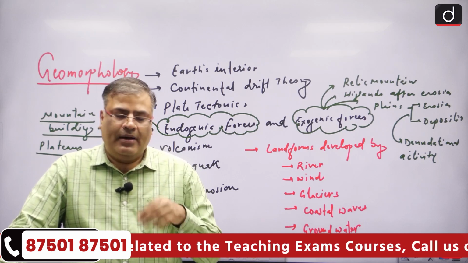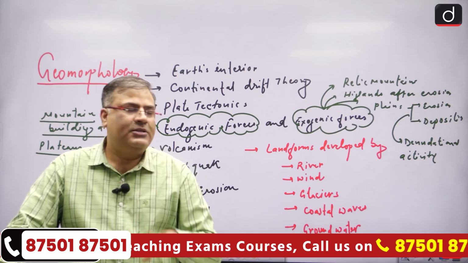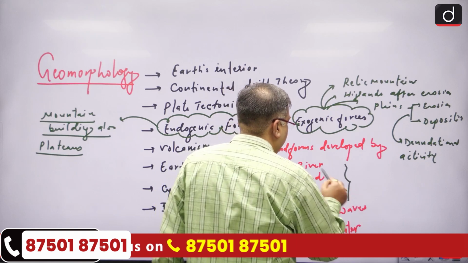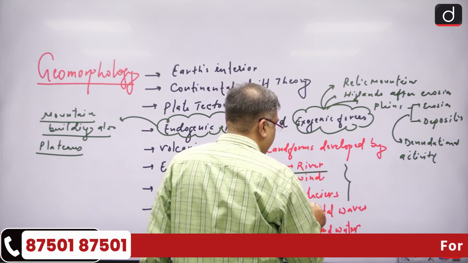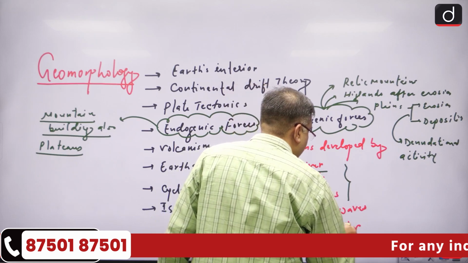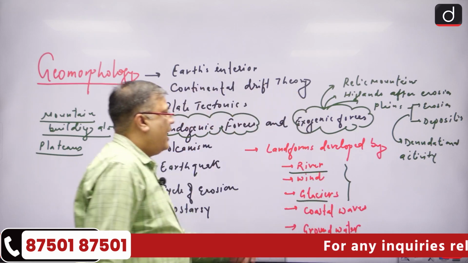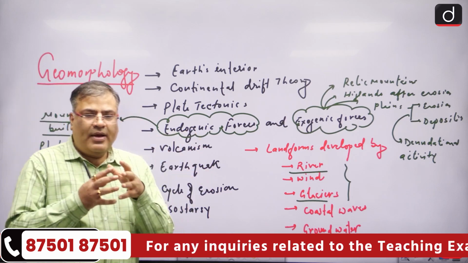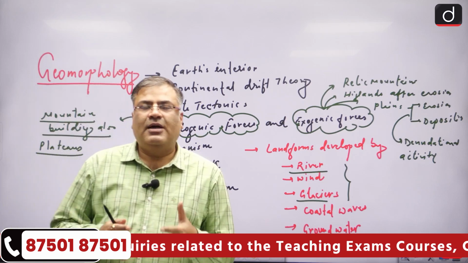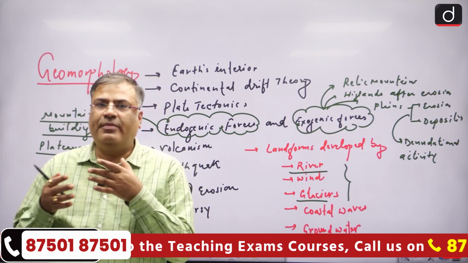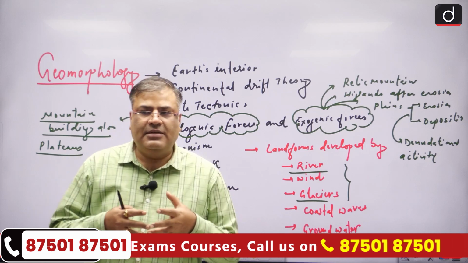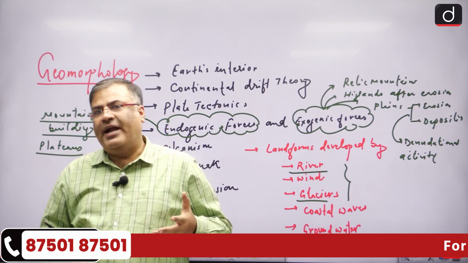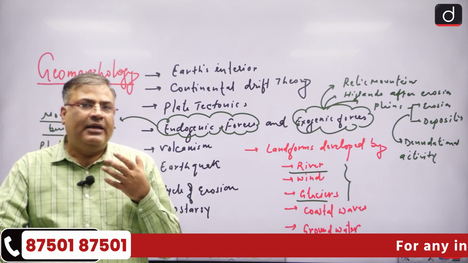Now, they have given four options. Three of them are from this part. One is developed by glacier, another by wind, another by groundwater. And the fourth one is about the fault. So if you have clarity about which one is coming from the endogenic, which one from the exogenic, and how these agents work on the Earth's surface to develop various types of landforms, things start becoming easy.